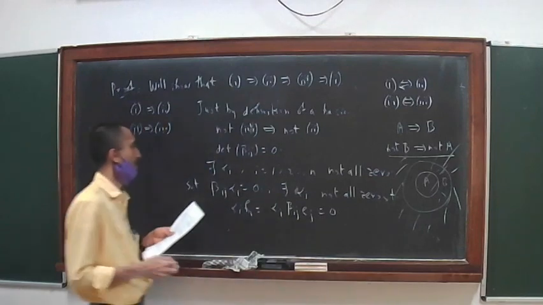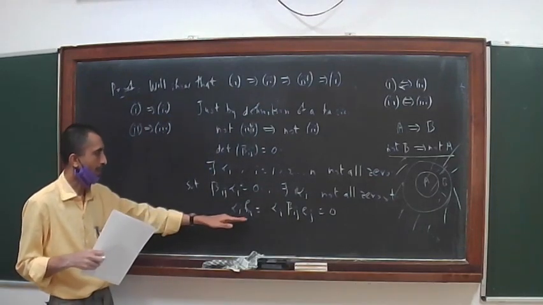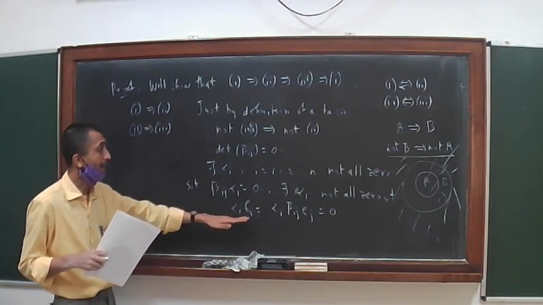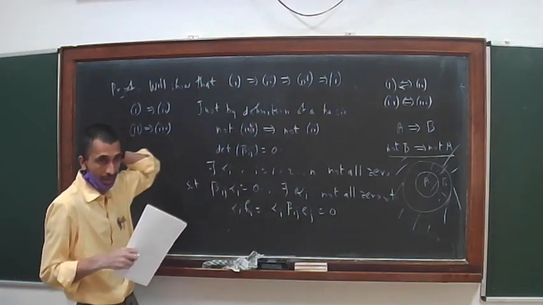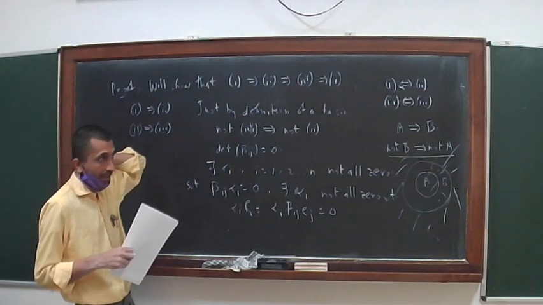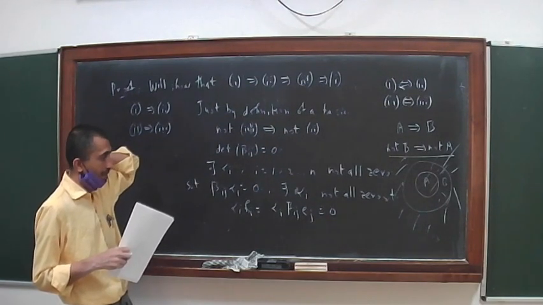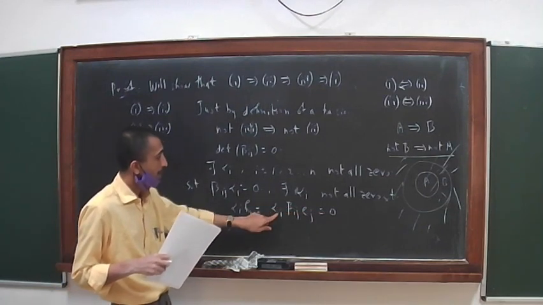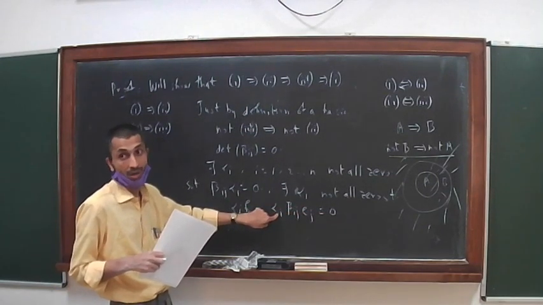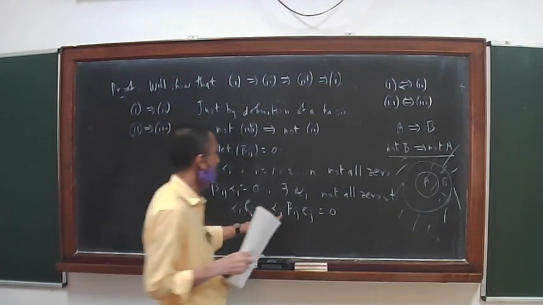Correct? I am just forming this linear combination, alpha i fi, and each fi can be expressed in terms of the ej's. That was within the statement of the theorem itself, that each fi can be expressed as beta ij ej, and so I can write this combination. This is equal to 0. Now the alphas are not all 0.